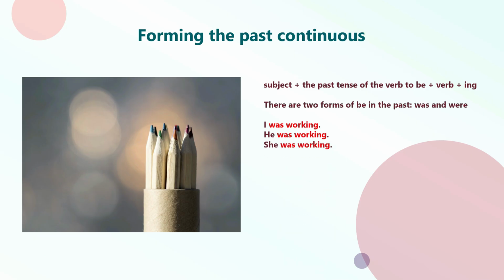She was working. It was working. Then it changes a little for other subjects. You were working. We were working. And they were working. Alright? That gives you the basic idea of the past continuous tense.